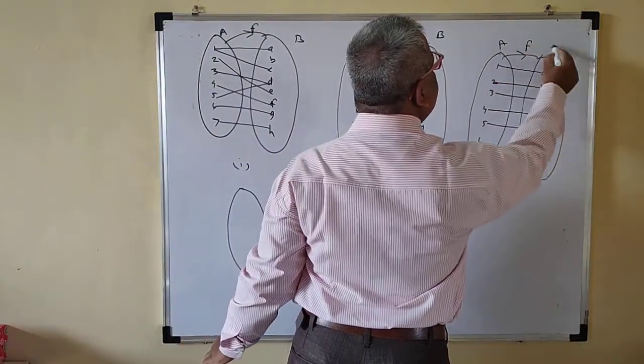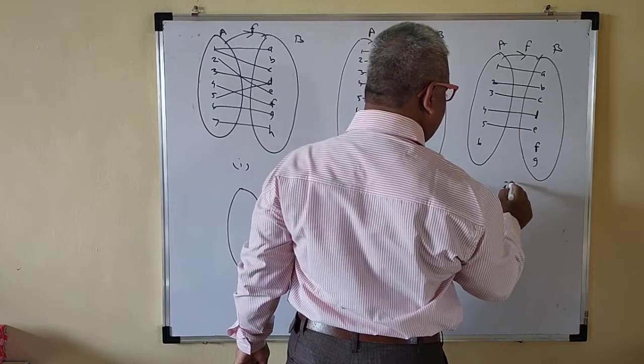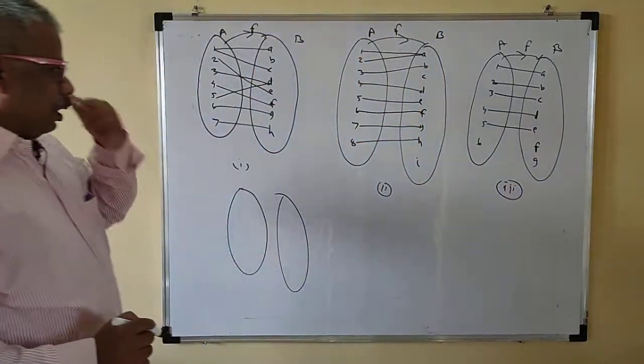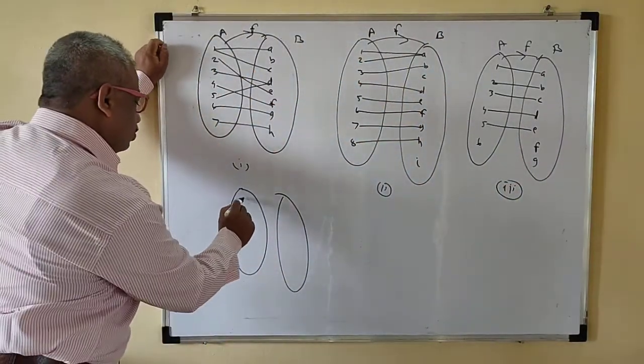Again f, this is A, B, and this is the third type of relation. We determine whether each is a function or not.